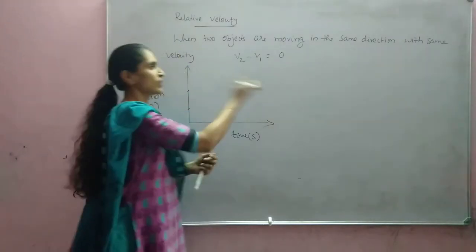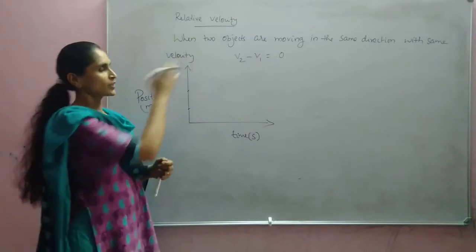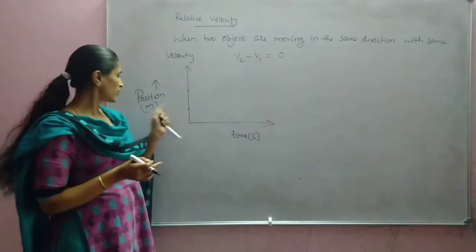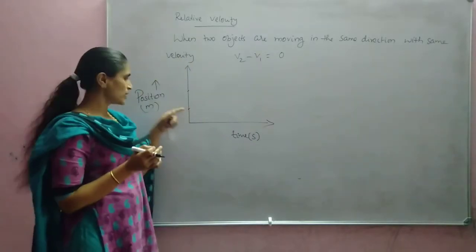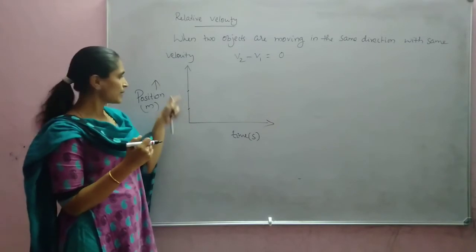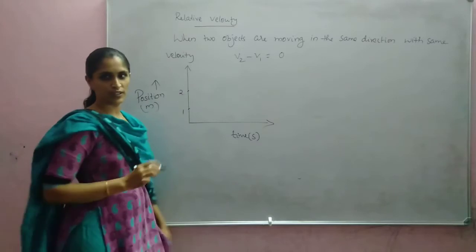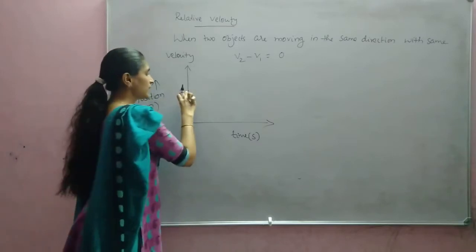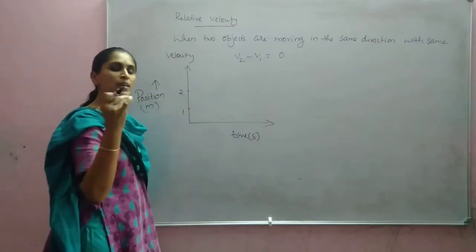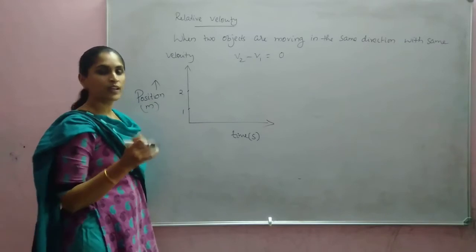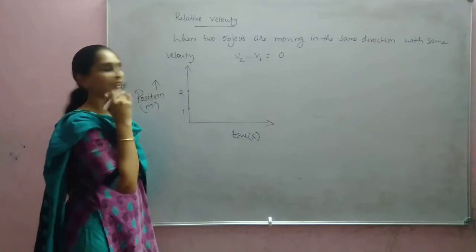Velocity will be the same, so you will get a straight line graph. No need to worry, because both have the same velocity. Here we are drawing a position-time graph. Whatever the initial separation, the same separation will continue, because both are traveling with the same velocity.